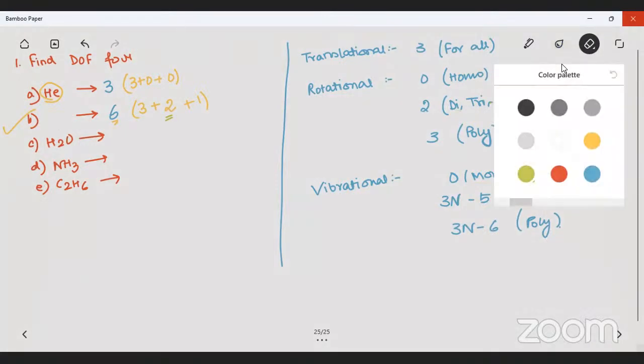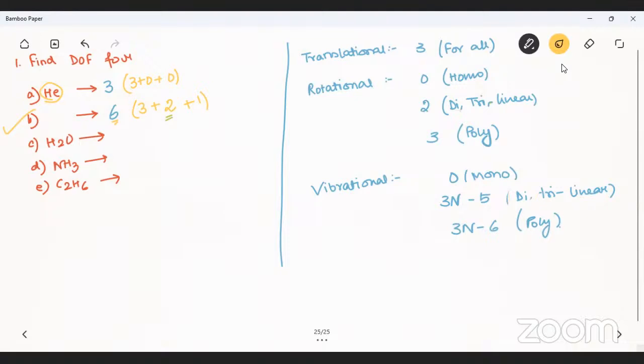Ma'am, is it 9? No, 12. How is it coming 9? First here, 3. Then it is a non-linear molecule. See, this is non-linear. Poly means non-linear. So water kind of looks like this. I'm not drawing all the bonds, but just to make you understand that water has a structure like this.